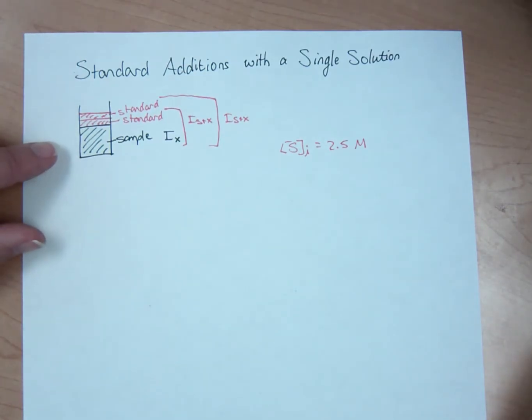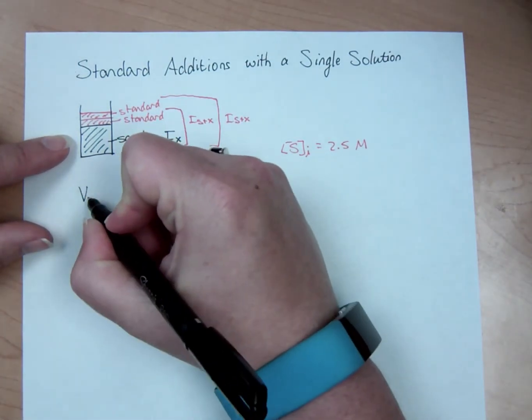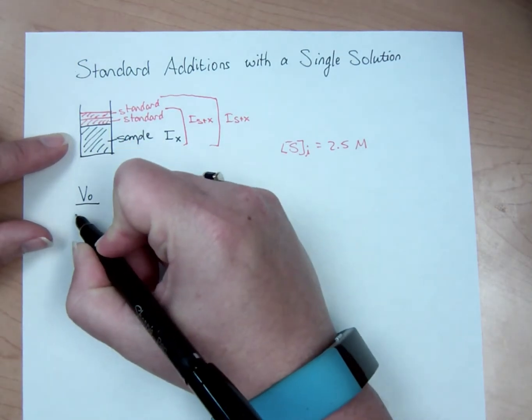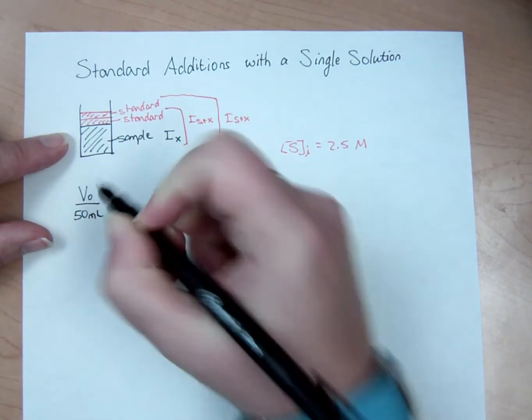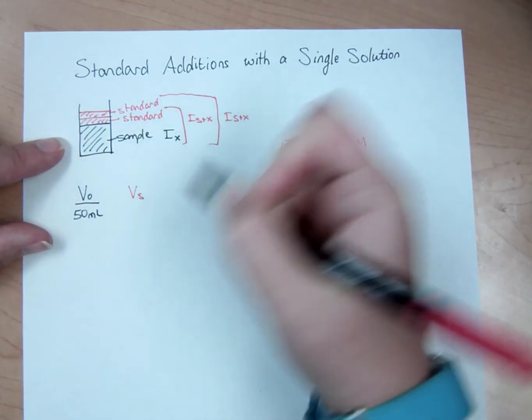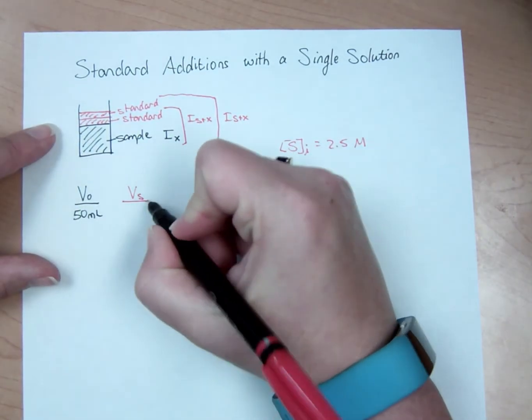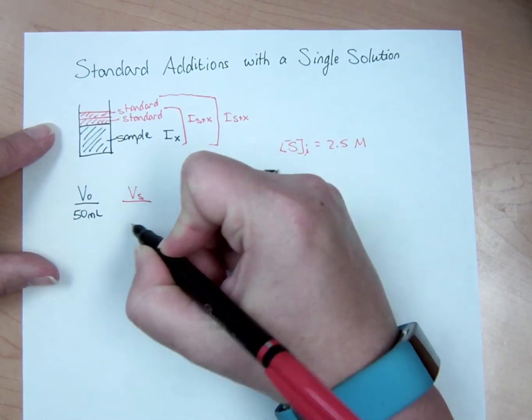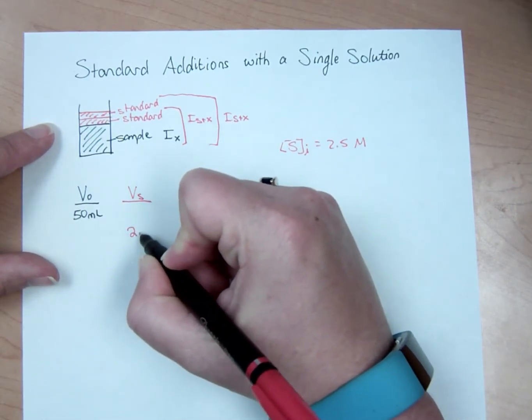Let's say I start with a volume of my sample that's 50 milliliters. And each time I add the standard to this, I add some volume of standard. Let's say I'm going to add 2 mL each time.